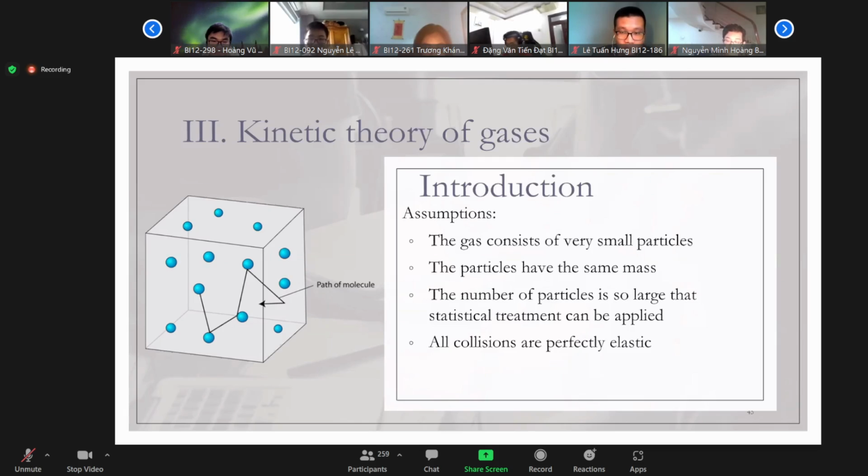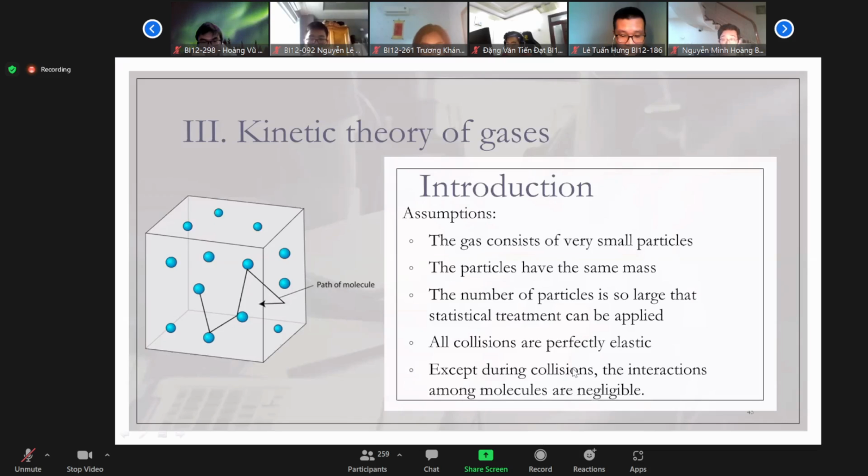So a collision after which the energy is conserved. I mean the total kinetic energy of the system is conserved. So we have an elastic collision. Cái này phần này thì các bạn học ở trong phần mechanic rồi. Va chạm đàn hồi đúng không ạ? Cái động năng của nó được bảo toàn sau va chạm đó thì ta gọi là va chạm đàn hồi.